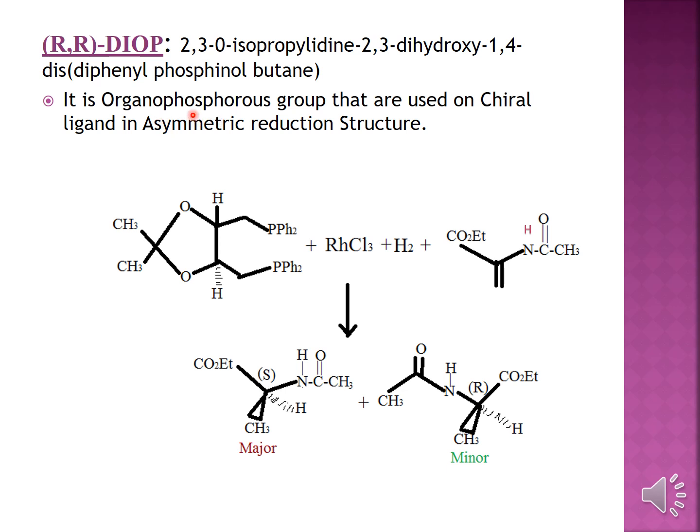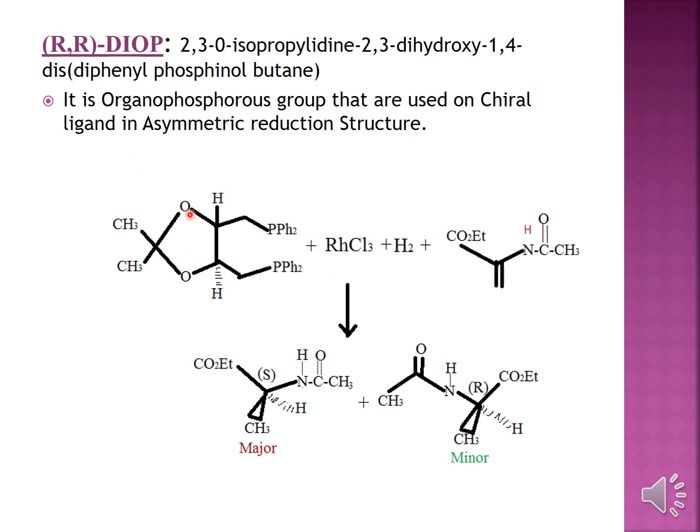It is an organophosphorus compound, and you can study these in organometallic compounds, that is organophosphorus, organoseleniums, organotelluriums and so on. Here you are taking the organophosphorus groups that are used as a chiral ligand in the asymmetric reduction structure.